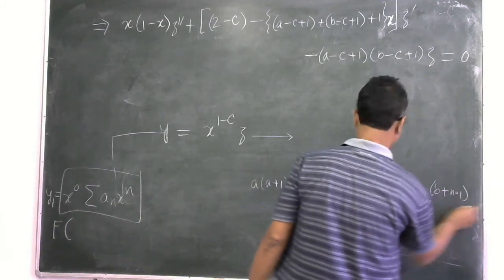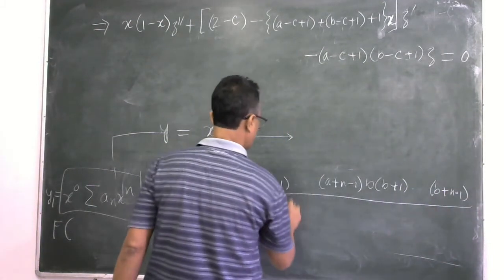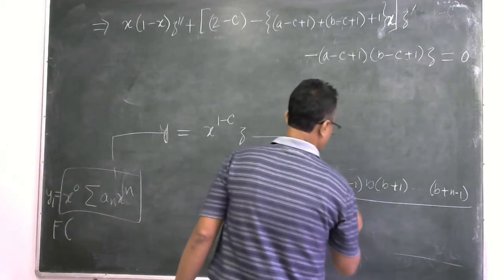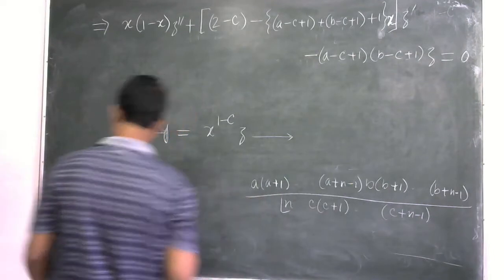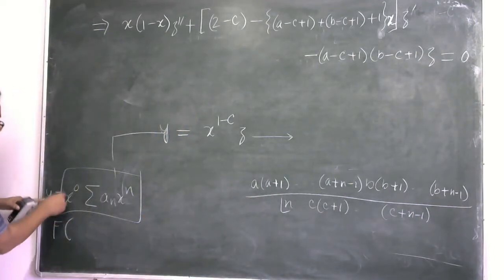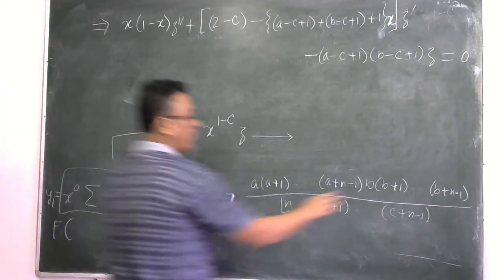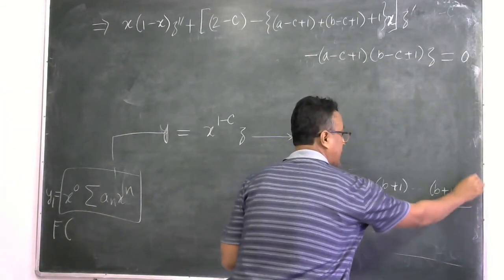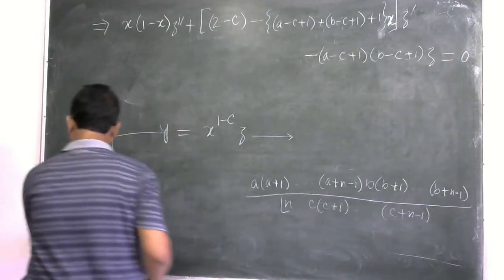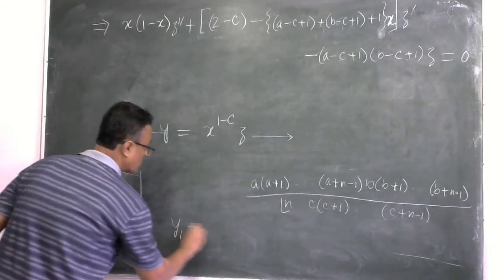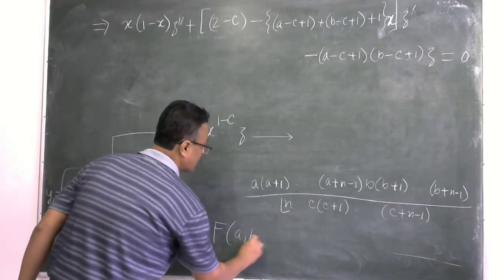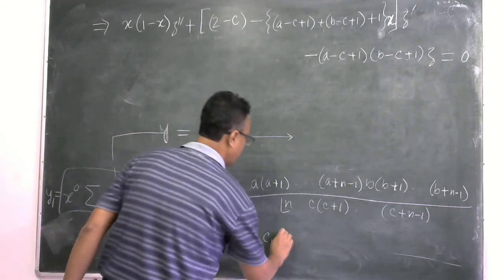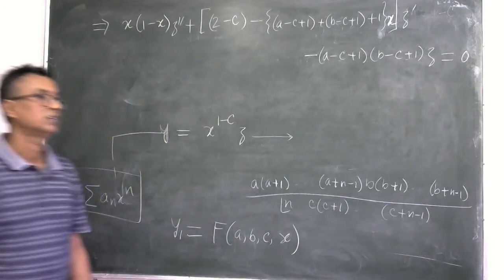Sorry about that. And then factorial n, c plus n minus 1. Okay, fine. See, the series for y1, where the coefficient of the nth power of x is given by this. So this is also denoted by this F of a, b, c and then x.